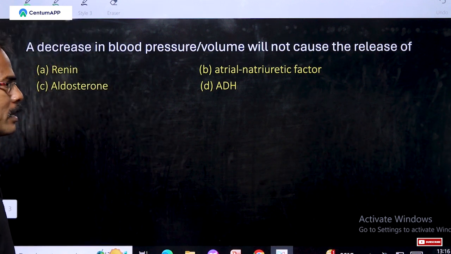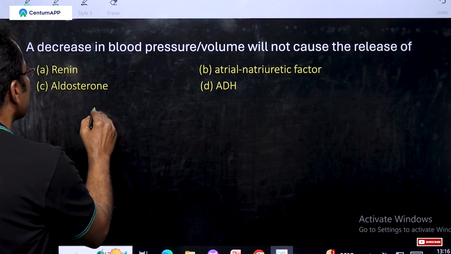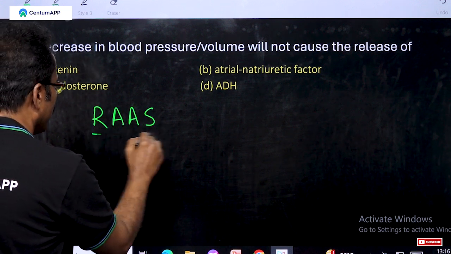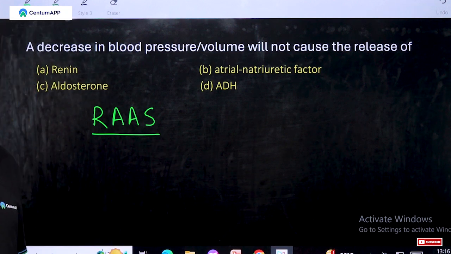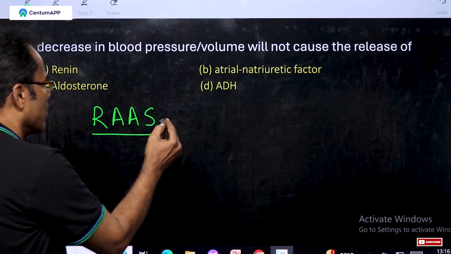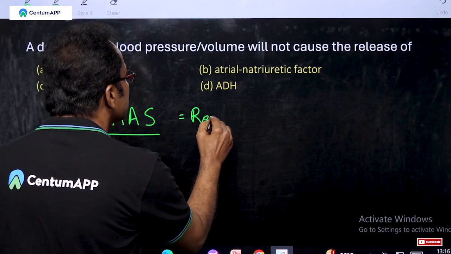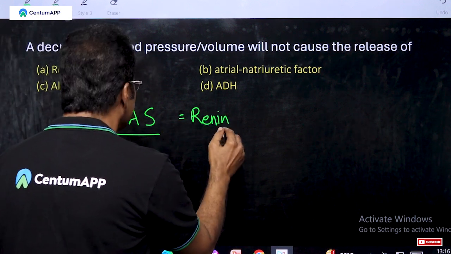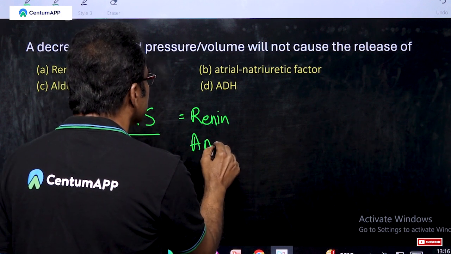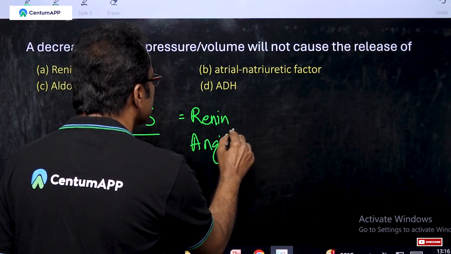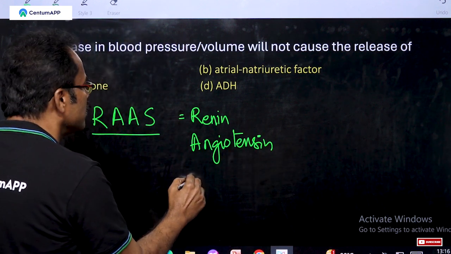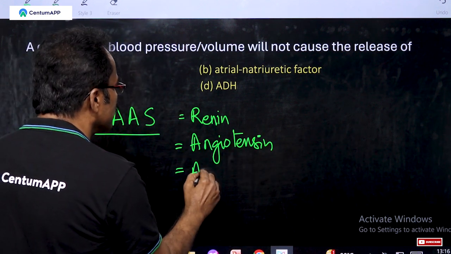For example, we need to go to the RAAS cycle in the excretory system. R means renin, A means angiotensin, and one more A is aldosterone.